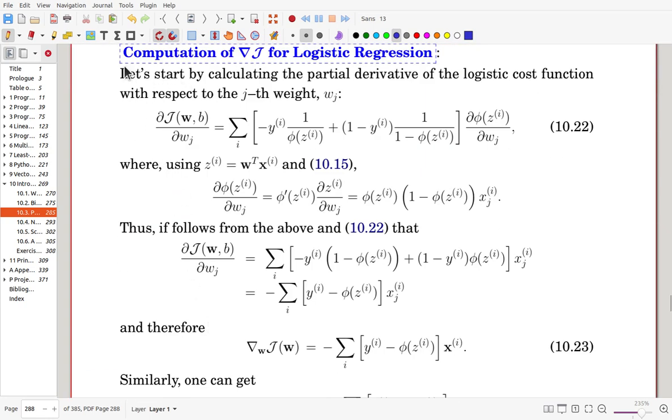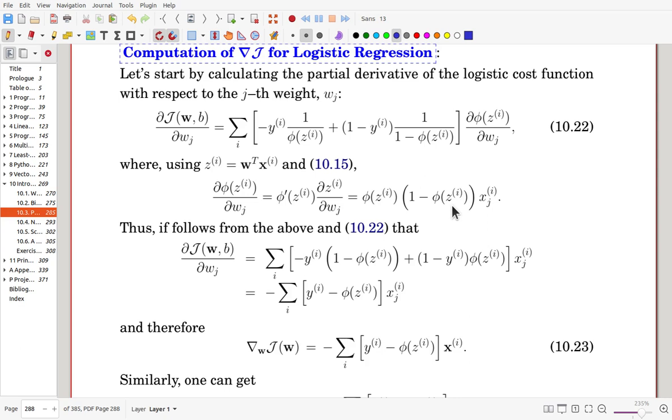Okay, now the computation of the gradient of J for logistic regression from the objective function: we take the derivative with respect to Wj. Then by using the chain rule, we reach this one, and for that one, we can use the property. Already we know that the sigmoid function derivative is the sigmoid function times 1 minus the sigmoid function.